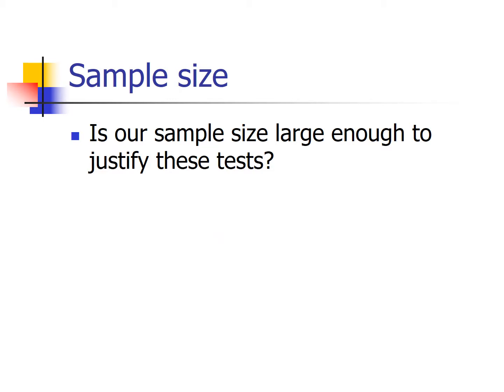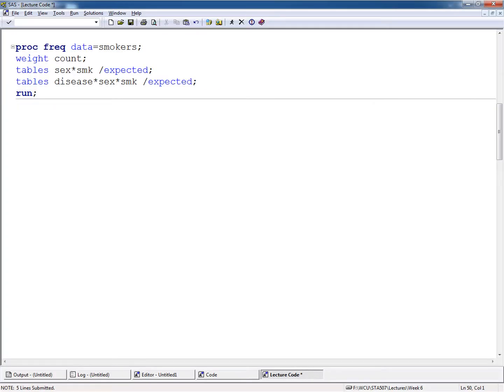And so the last thing to look at, although again, this is a little backwards. It was convenient while we were looking at the output to talk about the results of the goodness of fit test. But before applying them, we should always check that our sample size is large enough to justify that test. So remember, there were two things we had to look at.